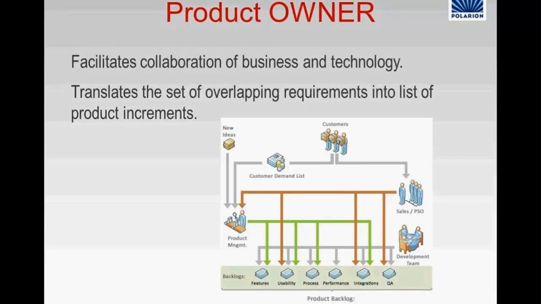Here below, you have more or less the organization chart of how we work. So we have lots of stakeholders. There are our customers, there is a product management team, there are sales and professional services organization, we have a development team, we have customer requests, and at the end, you need to be sure that all the information appears in a backlog.